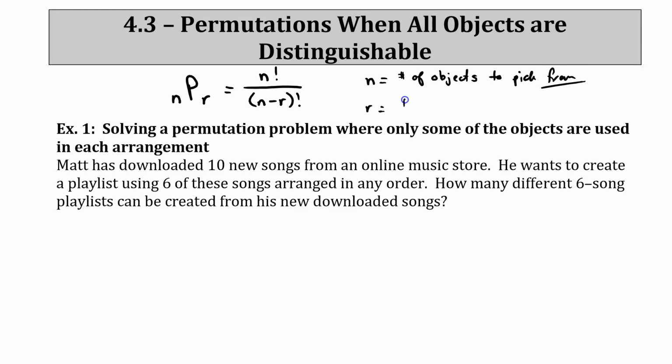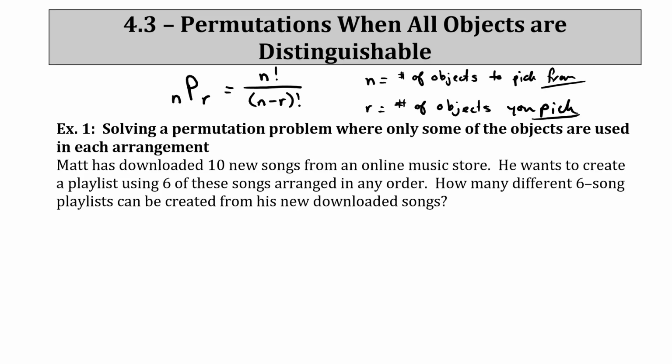And r is the number of objects you pick. I'm going to be very intentional about my language around picking and choosing. That sounds kind of funny. Pick is for permutations and choosing is for combinations, but again, that will come up in later lessons.